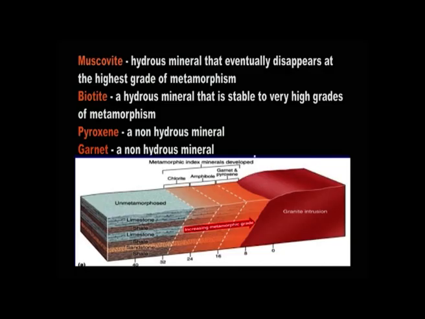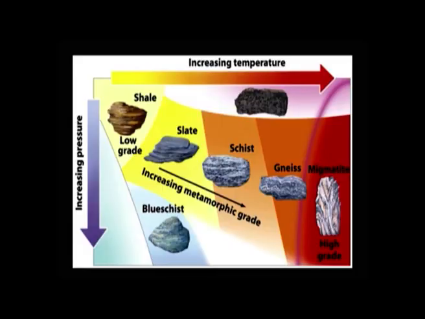Examples of less hydrous and non-hydrous minerals that characterize high-grade metamorphic rocks: muscovite, a hydrous mineral that eventually disappears at the highest grade of metamorphism; biotite, a hydrous mineral that is stable to very high grade of metamorphism; pyroxene, a non-hydrous mineral; garnet, a non-hydrous mineral. Rocks crystallized under such conditions would be referred to as low-grade rocks and high-grade rocks, respectively.